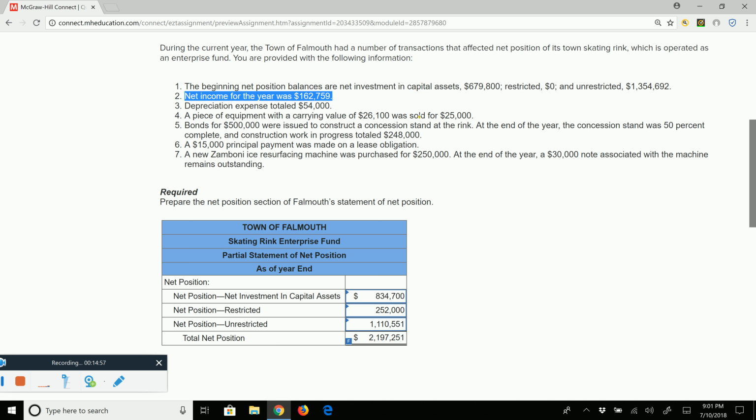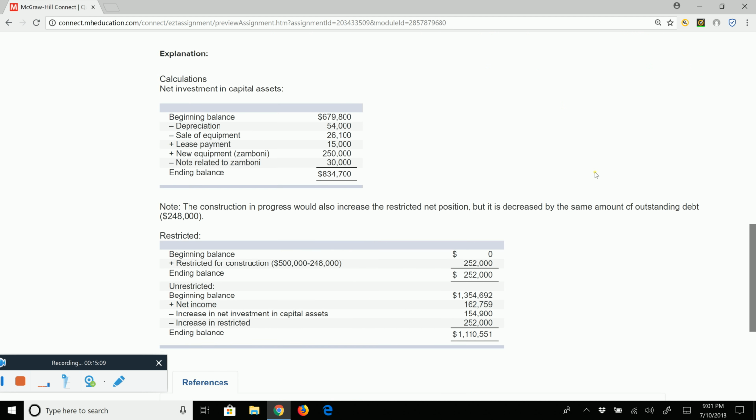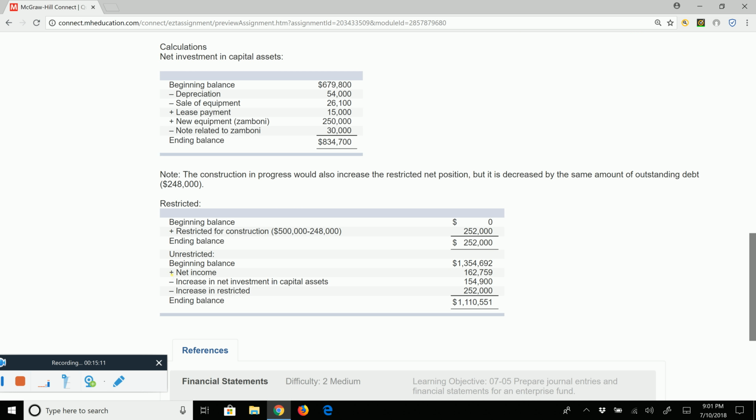And then, after we close out net income to unrestricted, that is when we update the other two categories of net position. So that $162,759, we're going to see underneath the unrestricted category, we're going to say plus net income. That increases this unrestricted equity.